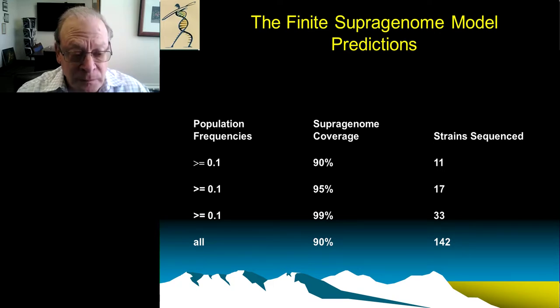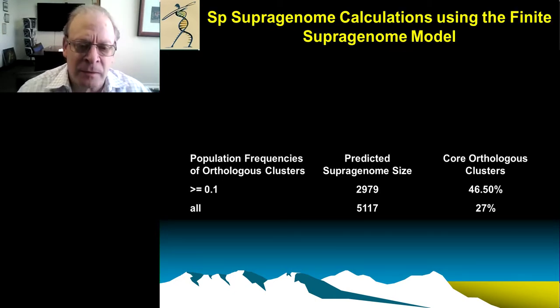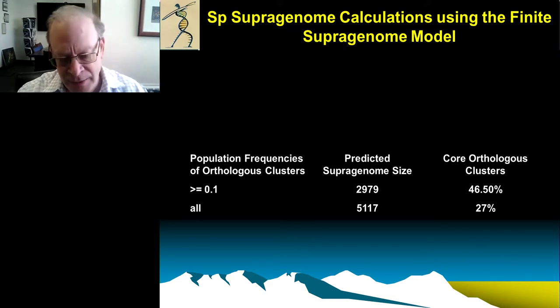But if we wanted just 90% coverage of all population frequencies, which would include rare genes present at less than 10%, we'd have to sequence 142 strains. He also used his mathematical model to predict that the overall size of the supergenome was over 5,000 genes, even though no one strain has more than 1,800 or 1,900 genes.